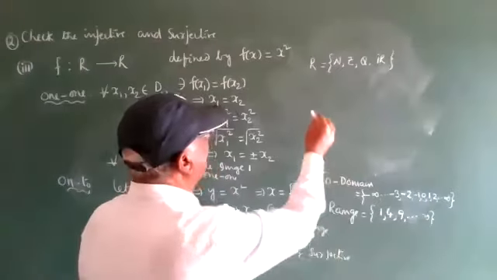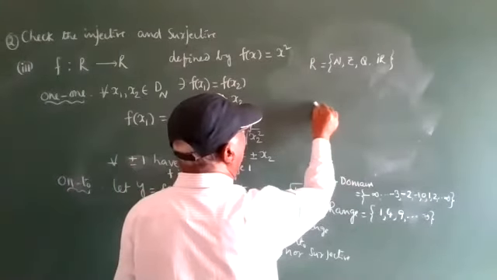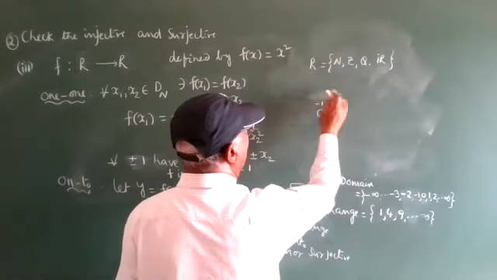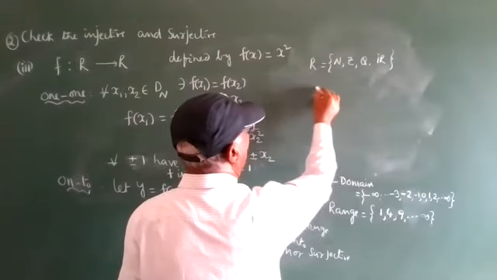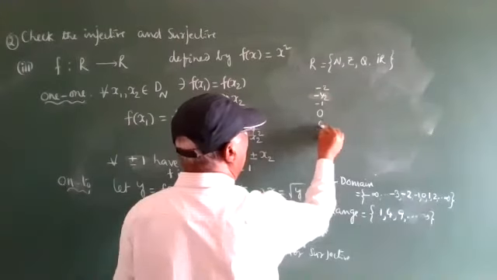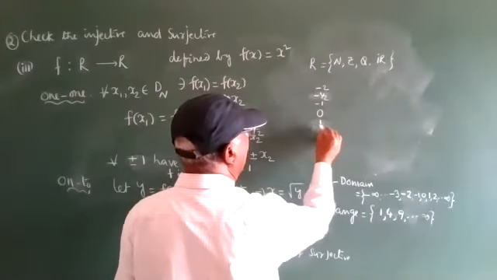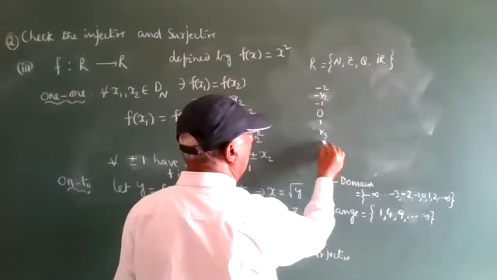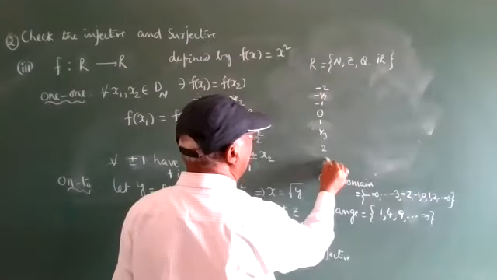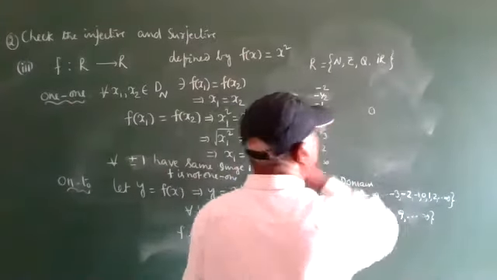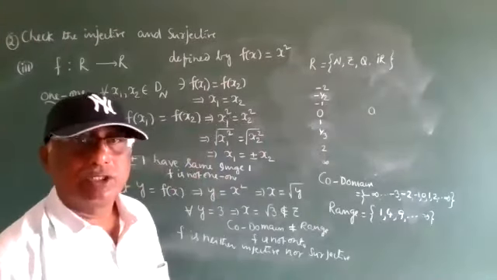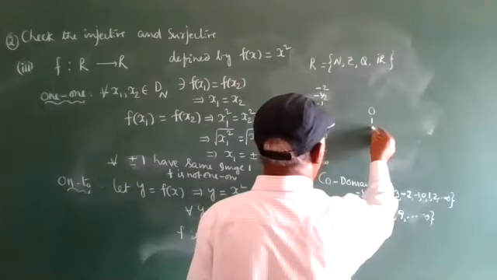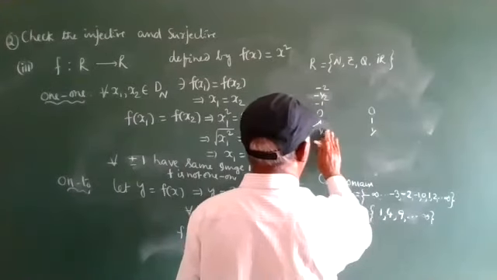I will check. See the figure here: 0, minus 1, minus 2, minus 1 by 2, and 1, 1 by 2, 1 by 3, 1 by 4, 2, up to infinity. Here is 0. Here is 1, 1 by 4, plus 1 by 2.